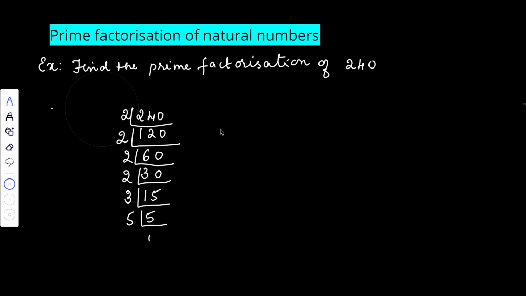So we are getting here 240 equal to 2 to the power of 4 into 3 into 5.